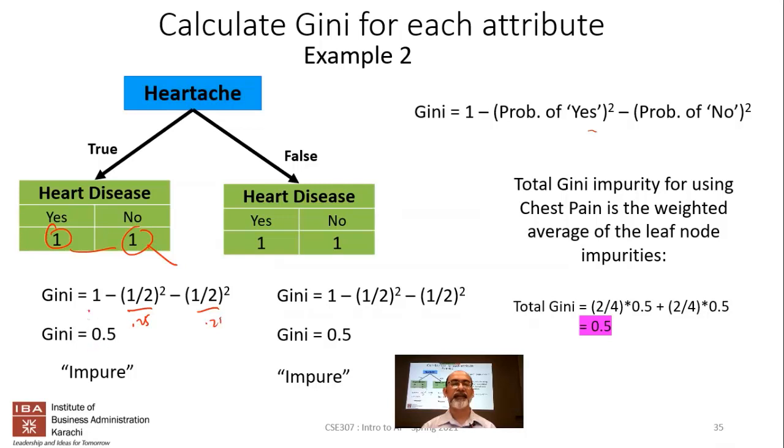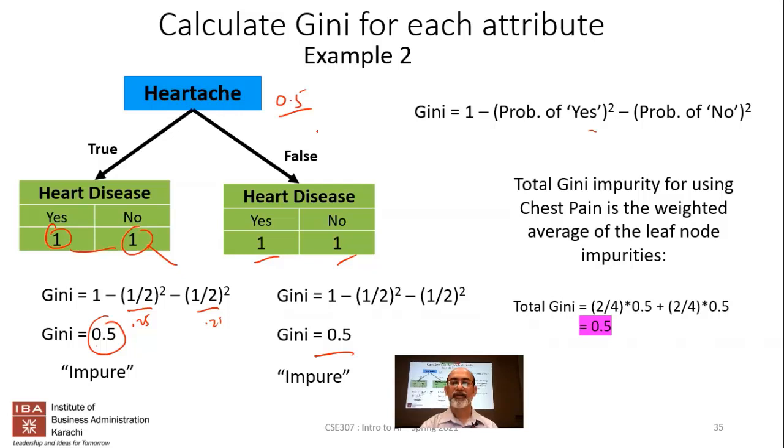And 1 minus the sum comes out to be 0.5. This is again high. It's sort of like the entropy as well: the higher it is, the worse it is. And because it's symmetric, it's also high on the other side. So the Gini on both of these is 0.5, and you do a weighted average over here. The Gini score comes out to be 0.5 for this entire case.